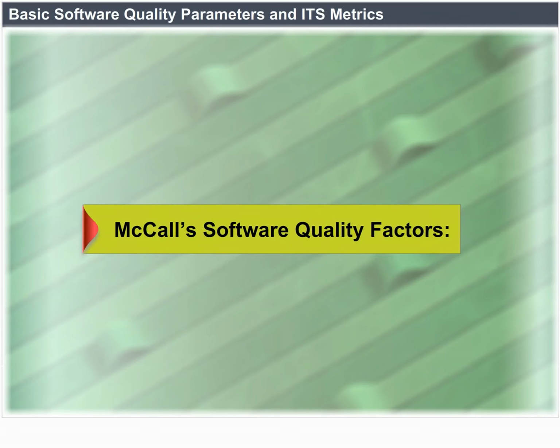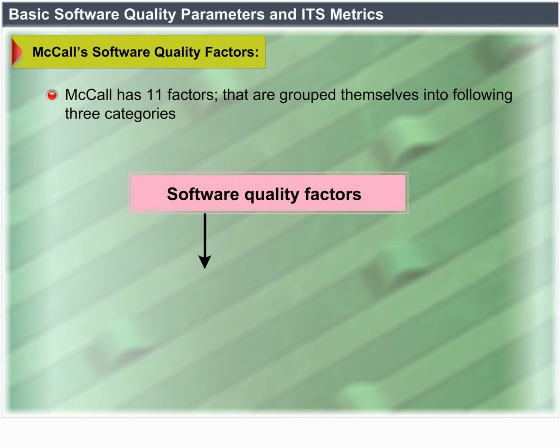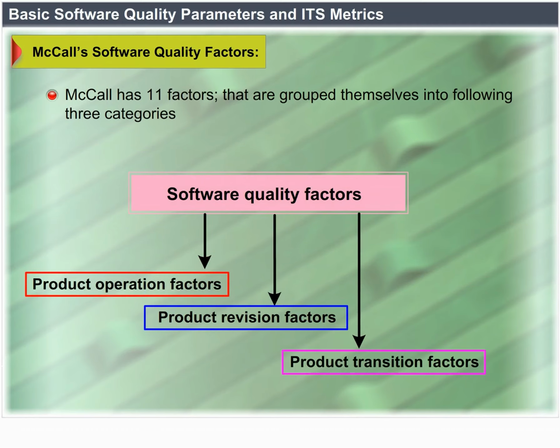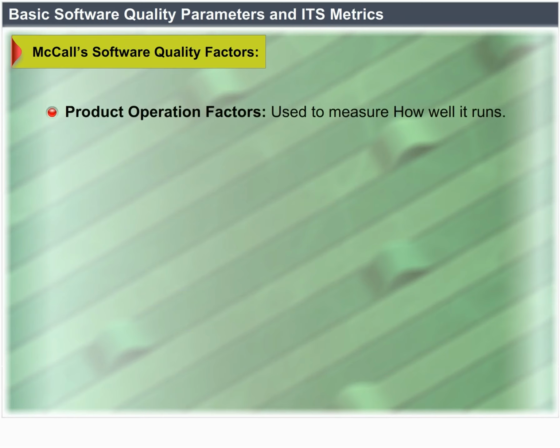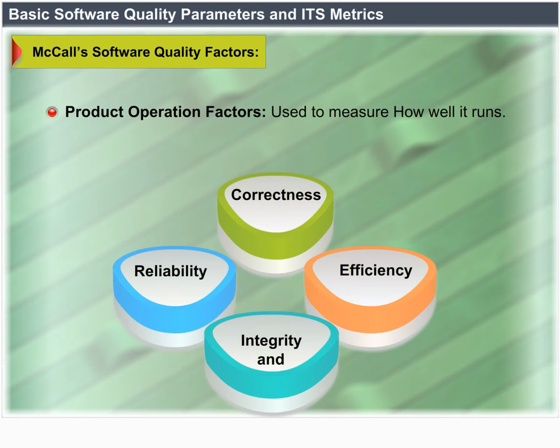McCall's software quality factors. McCall has 11 factors that are grouped into three different categories. Product operation factors, used to measure how well it runs: correctness, reliability, efficiency, integrity, and usability.